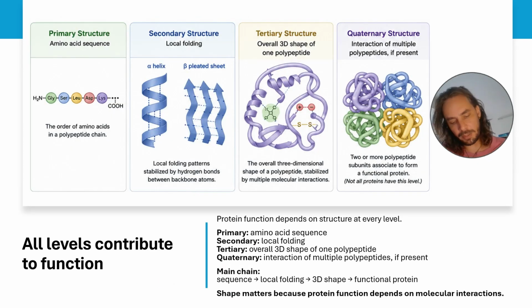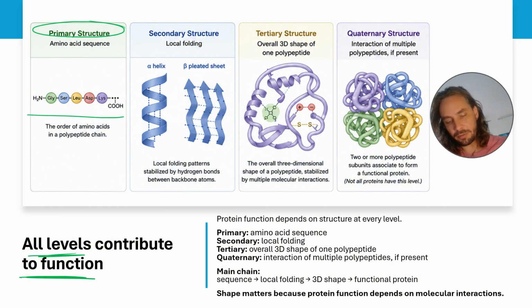To bring it all together, all levels contribute to function. The primary structure gives us the amino acid sequence. The secondary structure is the local folding, meaning how these backbone molecules of amino acids interact with one another and form hydrogen bonds. It's the hydrogen bonds between the backbone atoms.